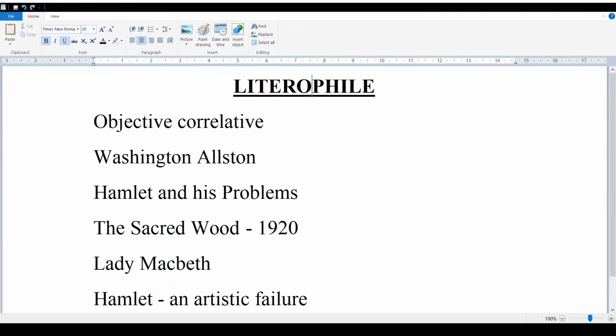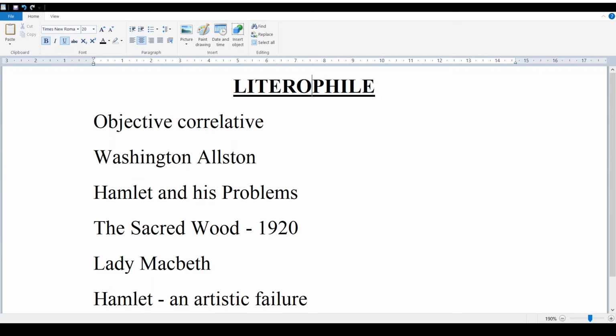So, a quick recap. The phrase we looked into today is objective correlative, and though it is often associated with T.S. Eliot, it was first introduced by an American painter named Washington Allston, and reintroduced and popularized by T.S. Eliot in his essay Hamlet and His Problems, which was written in 1919 and published in the collection of essays called The Sacred Wood in 1920.